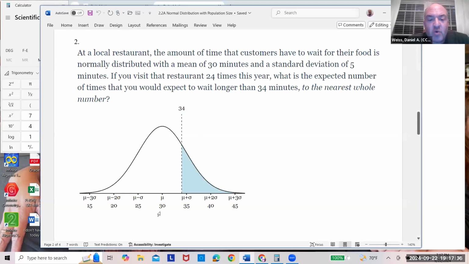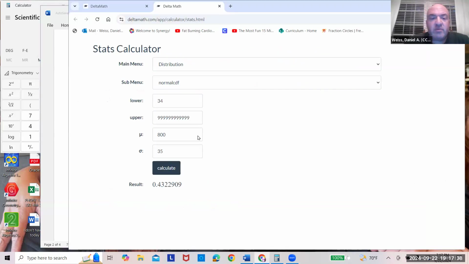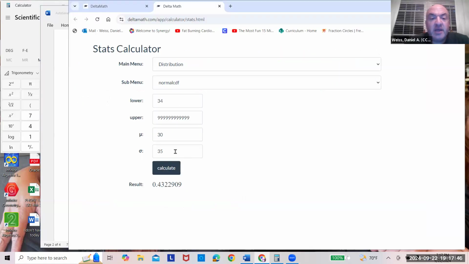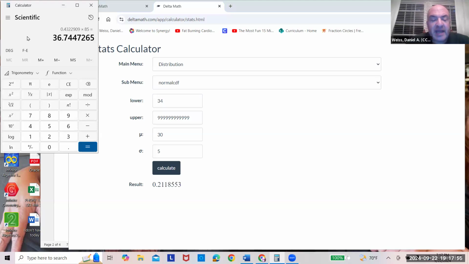The mean here was 30. So we're going to put the 30 for the mean. And the standard deviation was 5, right? Yes, 5. Okay. So once again, we're going to calculate. And here your number is 0.2118553. So we're going to clear.